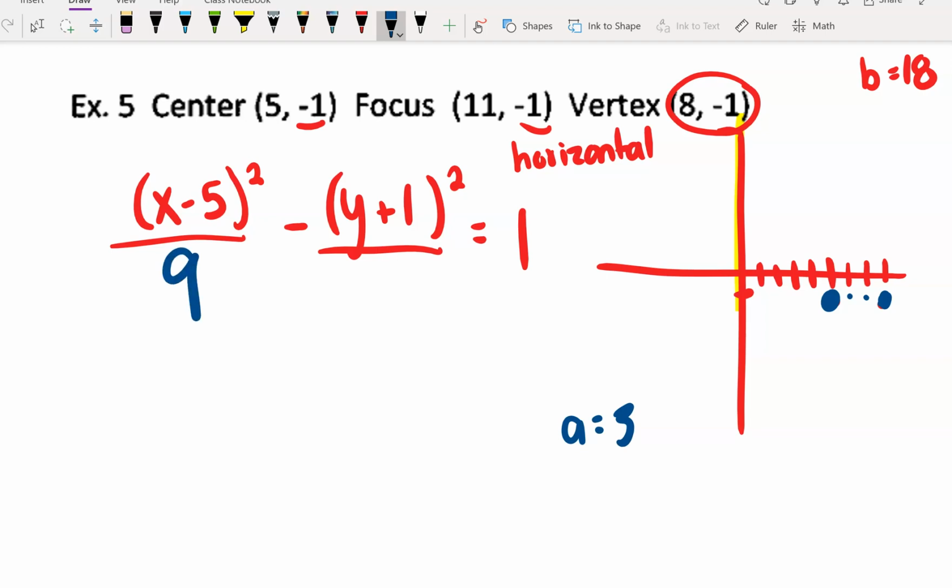And then I will need to find my b value. I don't know the b value, but I do have the ability to find out the c value. So let's see, the focus is at 11. Let's see how far away that is from the center. So 5, 6, 7, 8, 9, 10, 11. So that's 6 away from the center. So the c value is going to be 6.